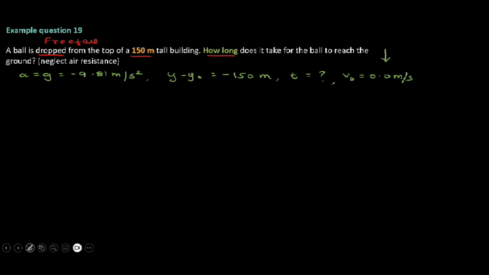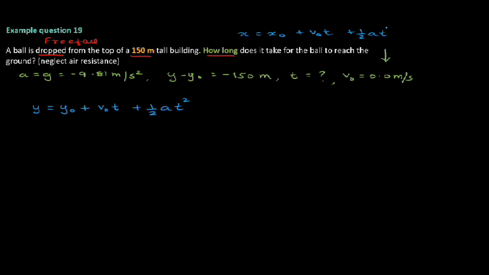Again, I'm going to use the first equation of motion to calculate the time t. The first equation of motion says that y equals y0 plus v0t plus half at squared. This is the same equation of motion that we learned in section 2.7, which says x equals x0 plus v0t plus half at squared.